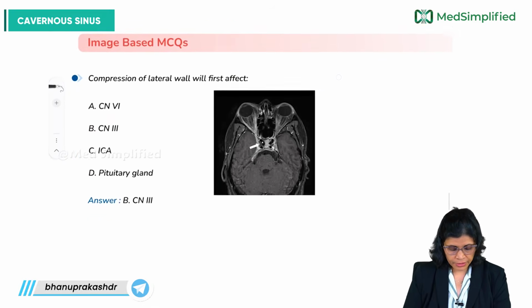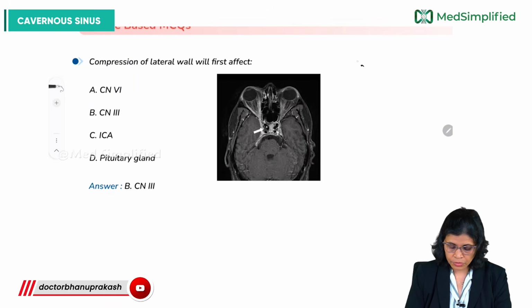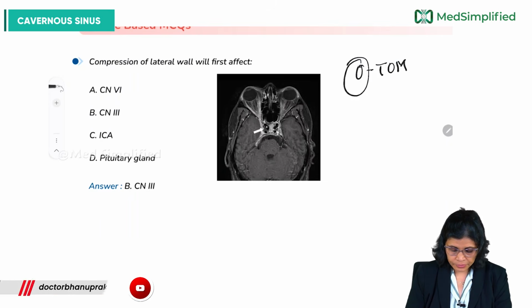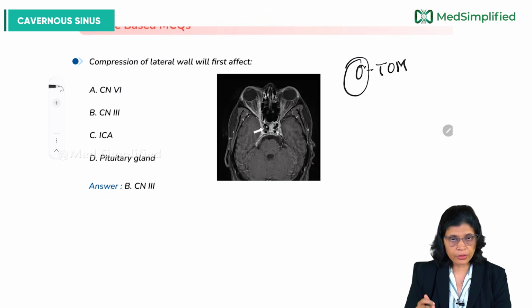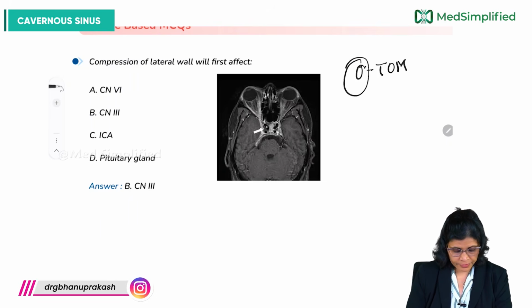The next question, compression of the lateral wall will first affect. So compression is of the lateral wall. So in the lateral wall, what do we see? We see O-TOM. So we know what is O-TOM, right? They are the four nerves which we see. So it will affect first, which is the first one, which is very close in the topmost, that will be the oculomotor. So oculomotor will be the first which is affected, which is the third cranial nerve.